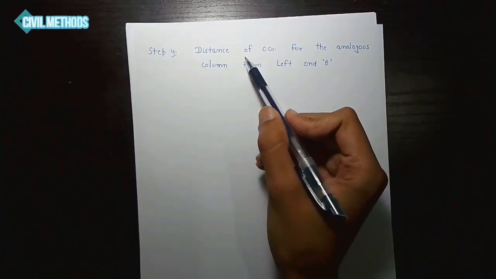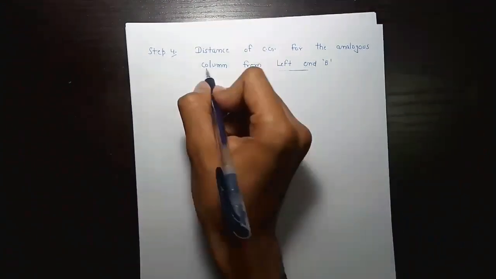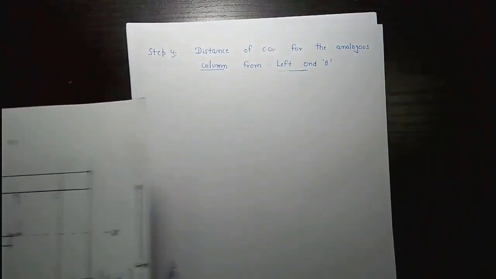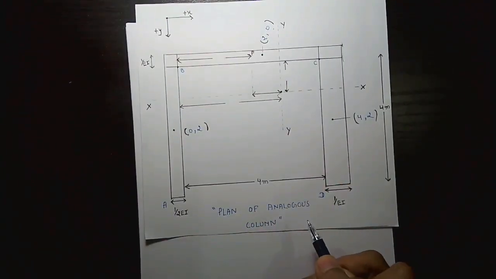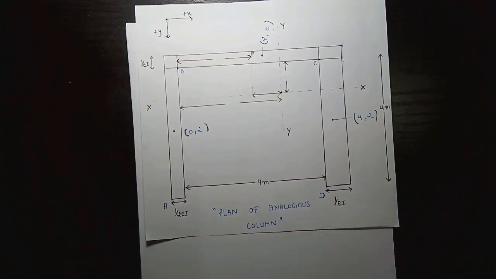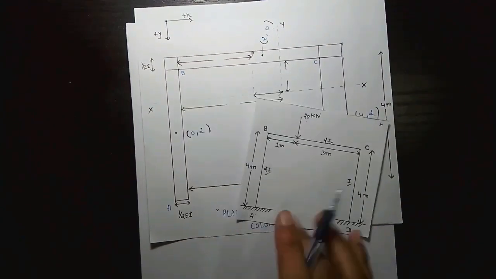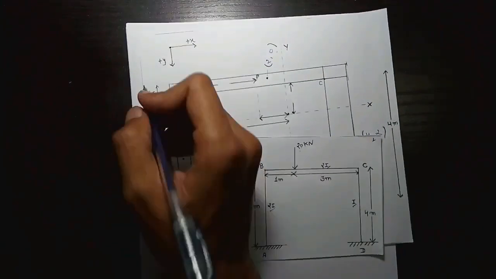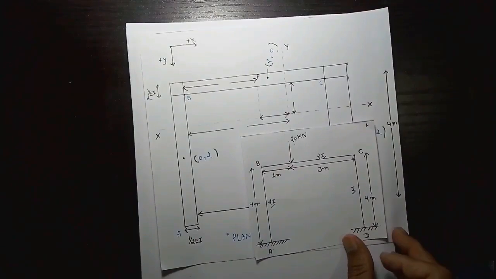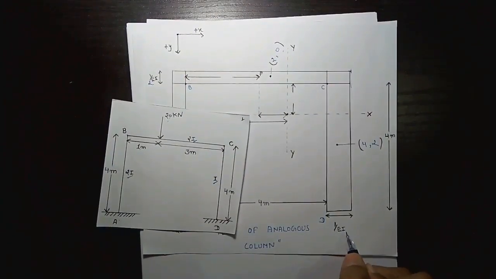Now step 4, distance of CG for the analogous column from left end B. For the analogous column, this is the plan of the analogous column. Because there are different moments of inertia, the width of the column section will be different. For 2I moment of inertia, width will be 1 by 2EI, for section 2 it will be 1 by 2EI, and for the third one it will be 1 by EI.